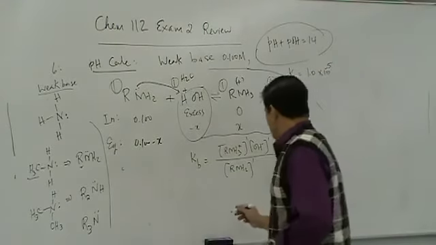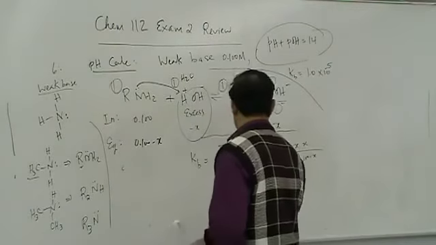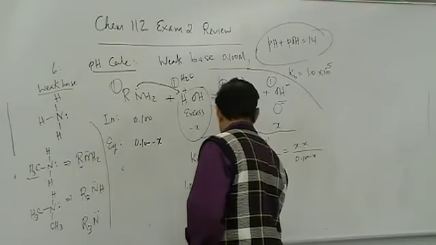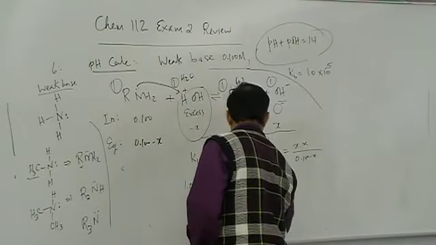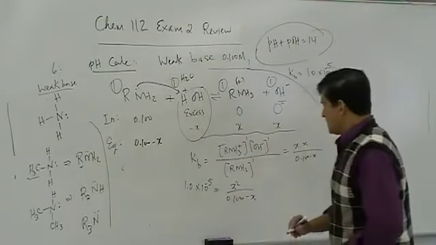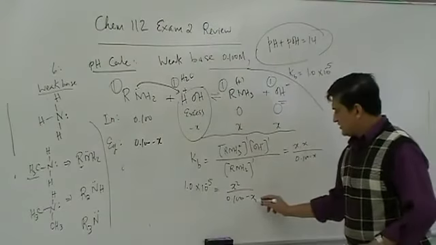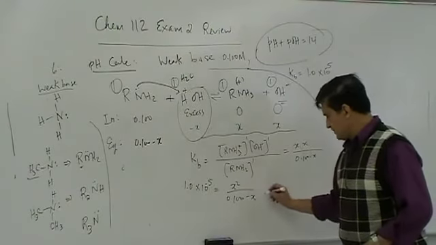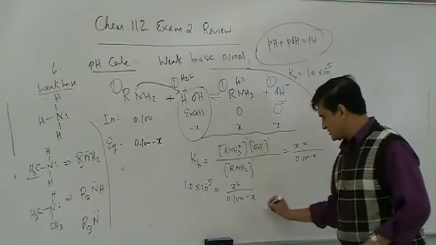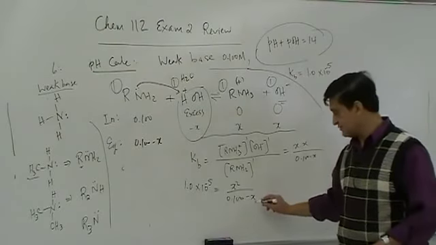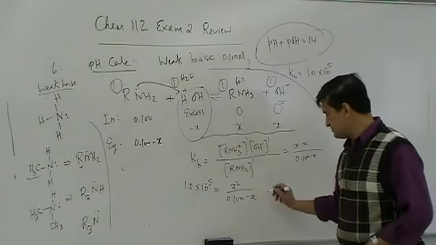So that means I can now show you this algebra. 1.0 times 10 to the negative 5 equals X squared over 0.100 minus X. Again, we're going to assume that X is much smaller than 0.10, so I can ignore X. That assumption will be true if X is less than 5% of this number.